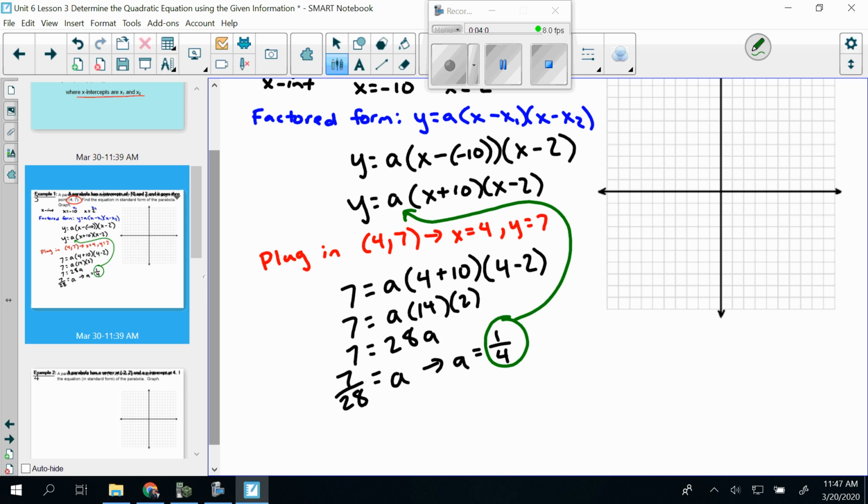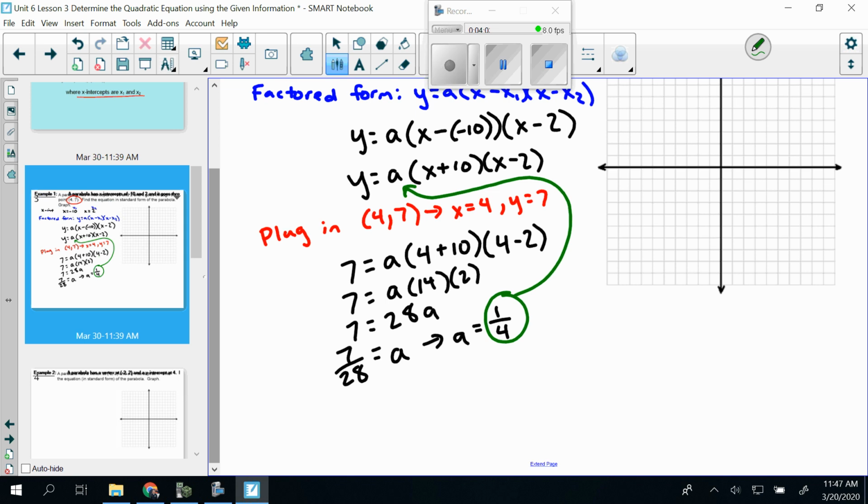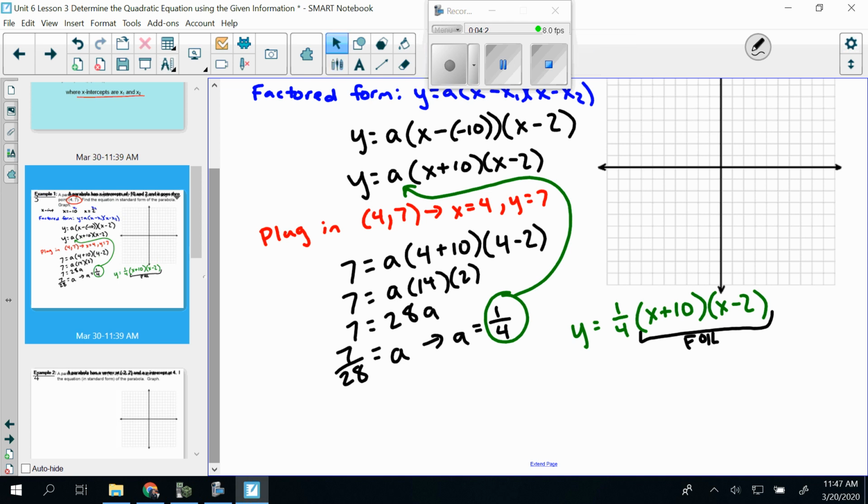And our goal, I believe, is what they said is write the equation in standard form. So now we got 1/4 times (x plus 10)(x minus 2). We're going to go through and FOIL that out first: distribute, multiply first, outside, inside, last, and see what we get.